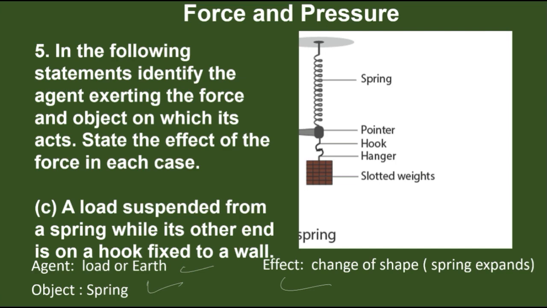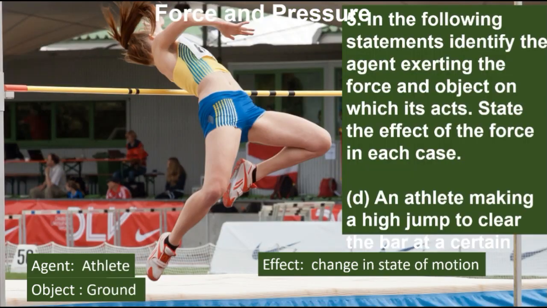The next one is force and pressure. Next one is an athlete making a high jump to clear. An athlete making a high jump to clear. You all have seen and sometimes participated in the high jump event in school.